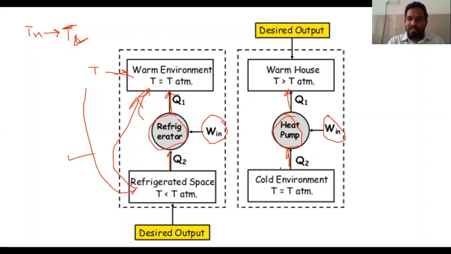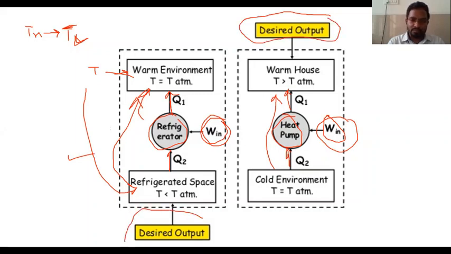So to transfer heat from low temperature to high temperature, we need to take help of some external work, right? Now, the difference between this refrigerator and heat pump is the desired effect or desired output. Both devices are going to work on the same cycle. Both are going to transfer heat from low temperature to high temperature with the help of consumption of some external work.